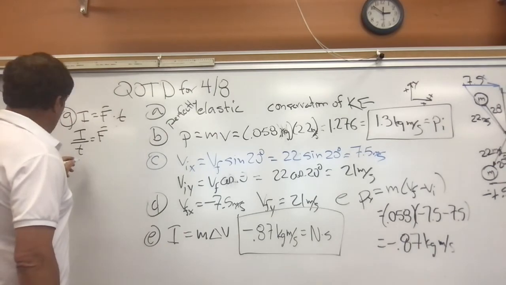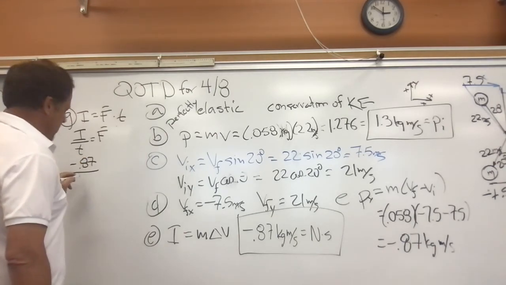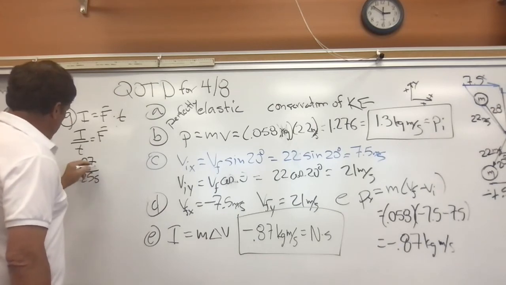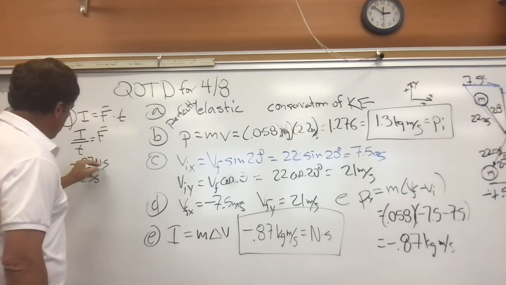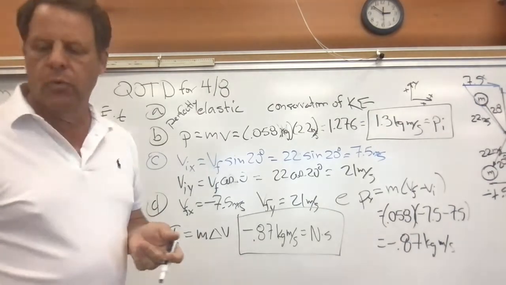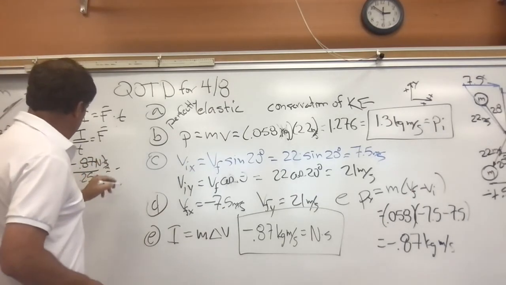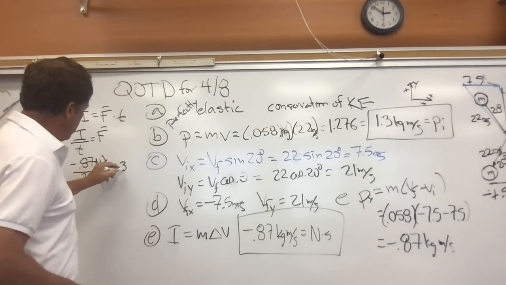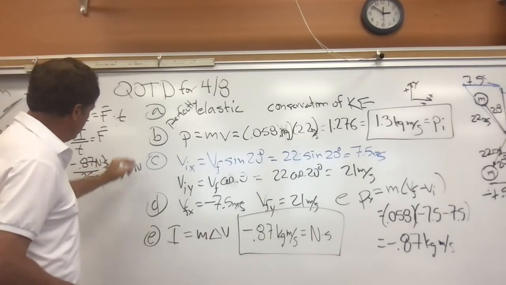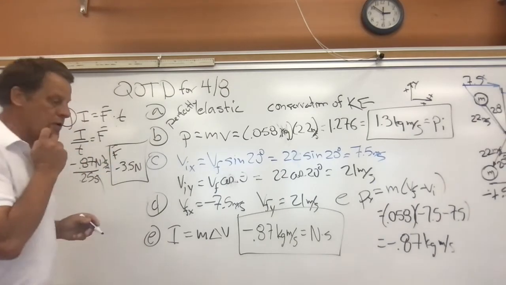And our impulse was negative 0.87 divided by 0.25 seconds. A Newton second, a second cancels out, and therefore we are going to get an average force of negative 3.5 newtons. That is going to be our average force.